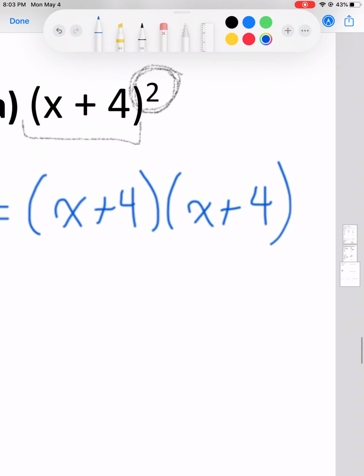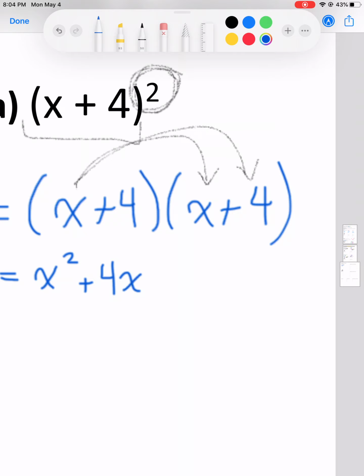So again, let's go through it. Let's FOIL it. X times x is x squared. X times 4 is 4x. 4 times x is 4x.